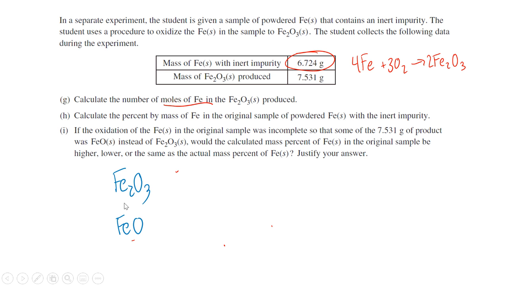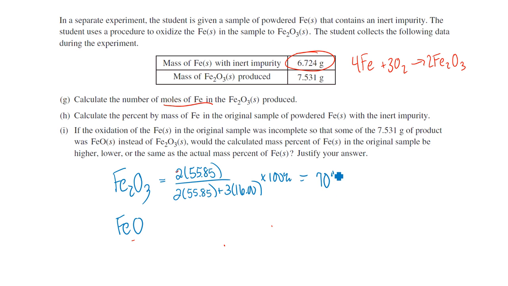So if you were to figure out the mass percent of iron in these two compounds, you take the mass of the iron. It's a nice little review of mass percent. So you've got 2 irons, and then divide it by the mass of the whole thing, which would be 2 irons and 3 oxygens. So that's how mass percent works, multiplied by 100. So Fe2O3 is 70% iron by mass.